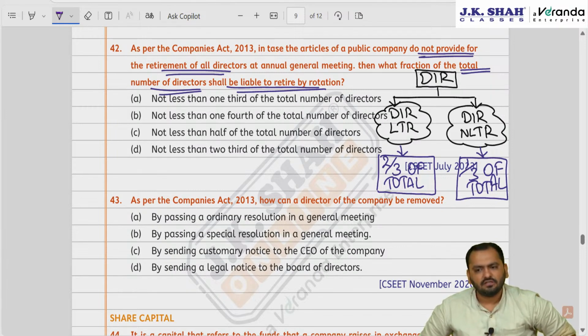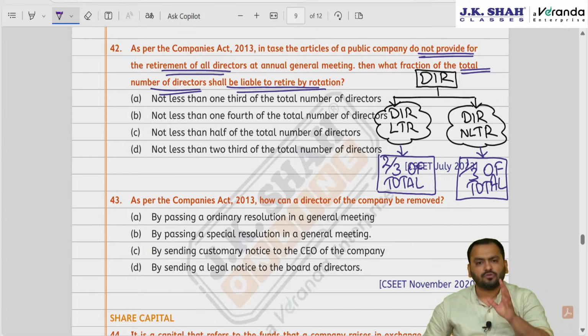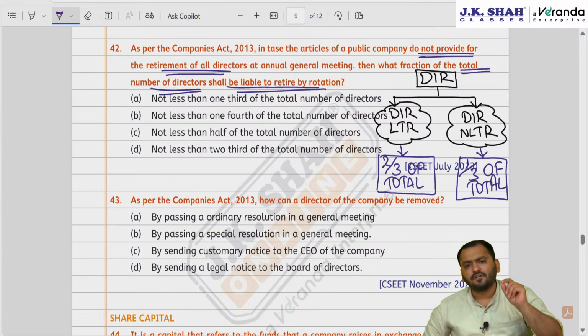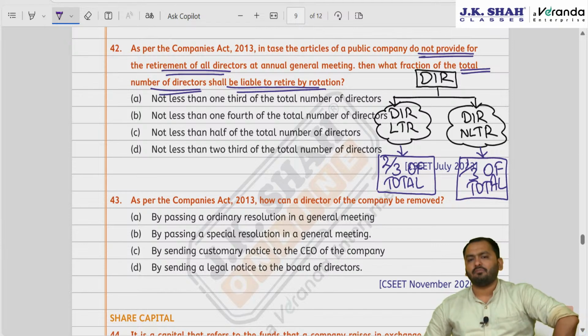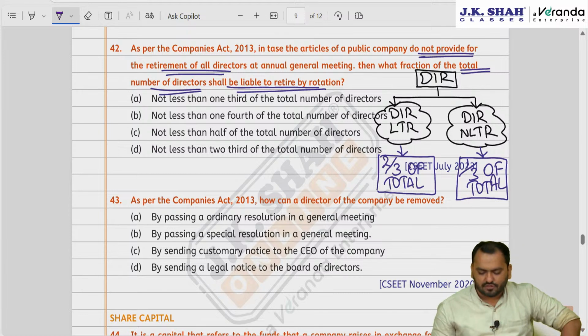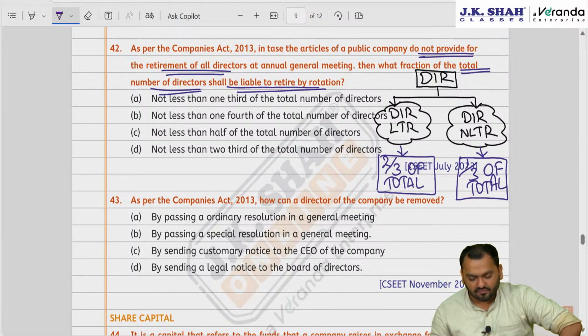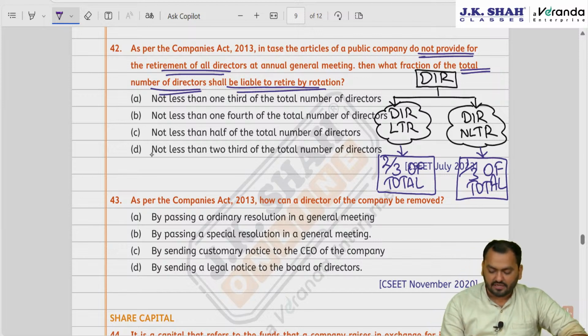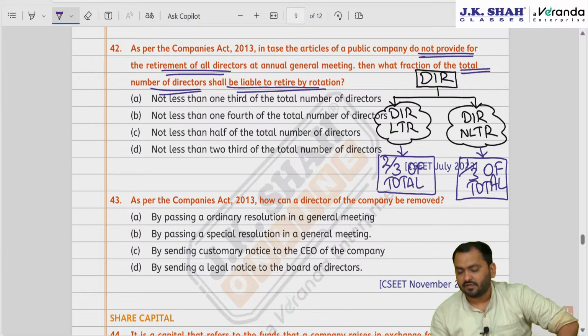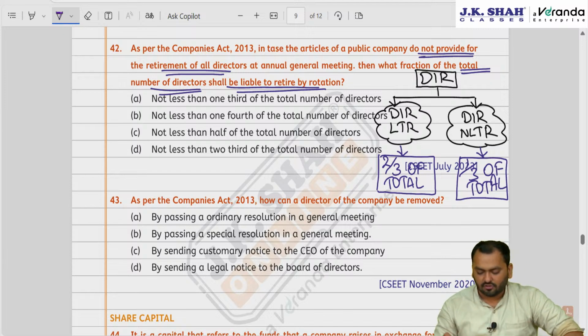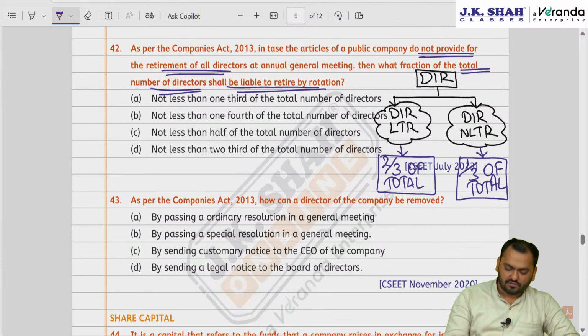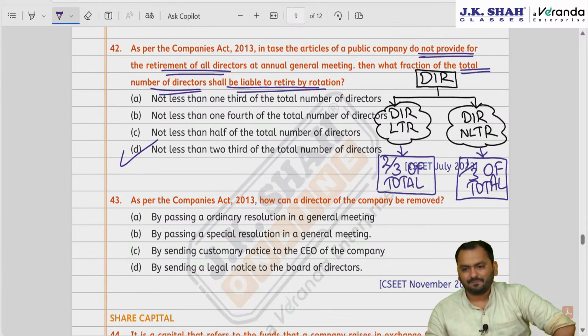So the answer is 2/3. 2/3 of the total number of directors are liable to retire by rotation, right? Here you can see the options: not less than 1/3 of the total number of directors, not less than 1/4, not less than half, and not less than 2/3 of the total number of directors. So obviously the answer is option D.